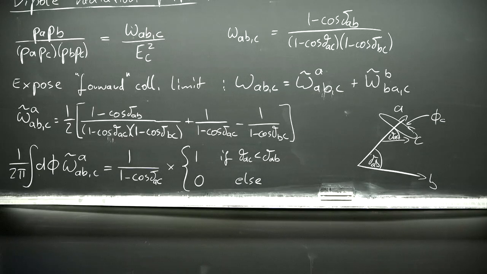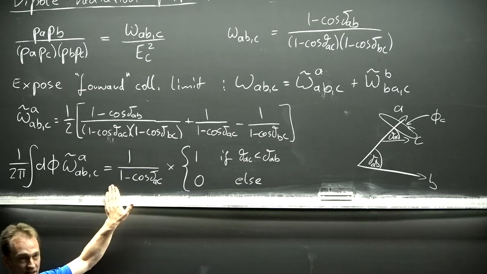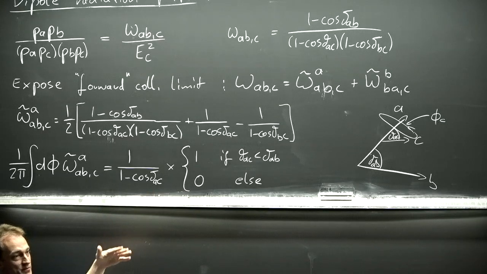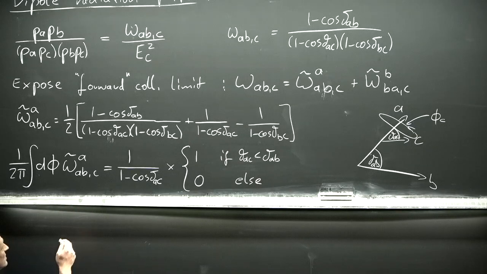Okay, so let me go into a bit more detail on this, because usually this result is just quoted, and then you go from there directly to angular ordered parton showers, but I want to develop a little bit more intuition about what this actually means and what one might want to do and might not want to do in a simulation when we implement this or not implement this.